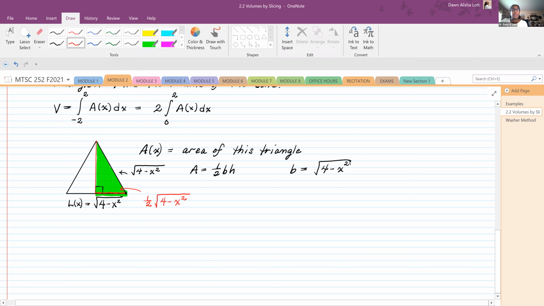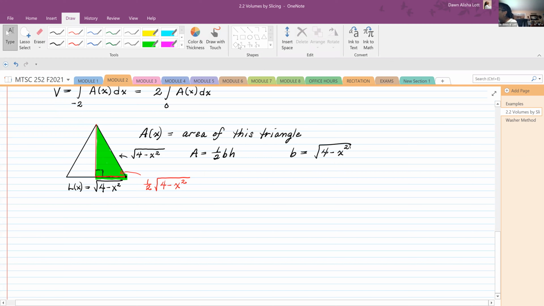So now I'm going to pull out this little triangle for a moment. This is just the green triangle. For the green triangle, this side is 1/2 the square root of 4 minus x squared, and this side is the square root of 4 minus x squared.